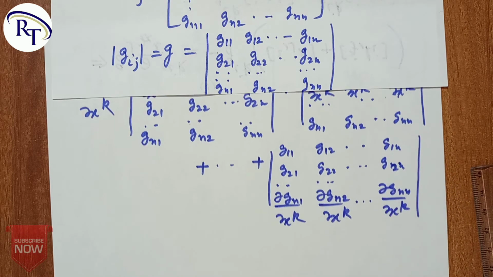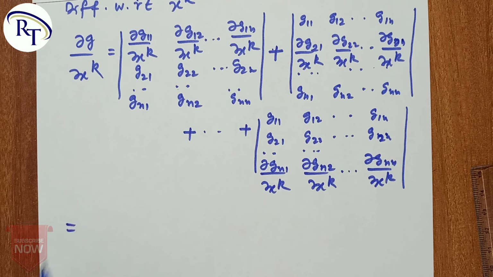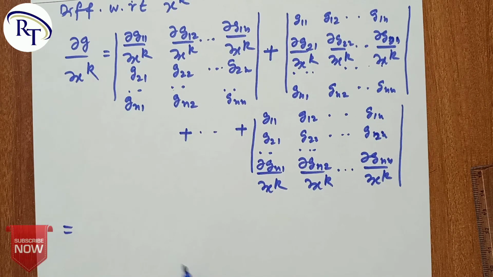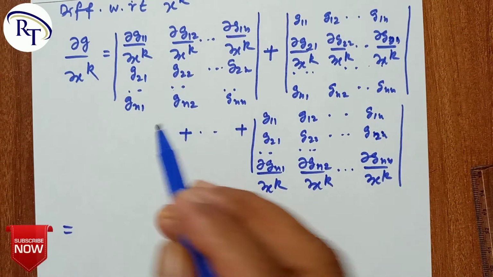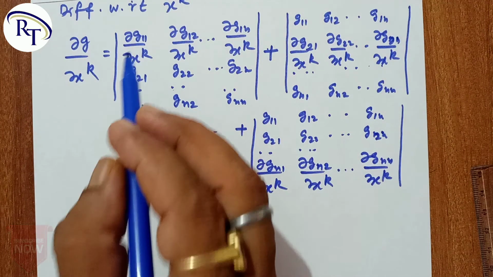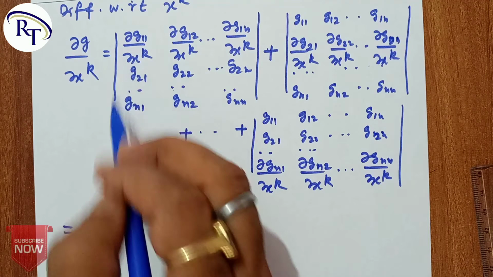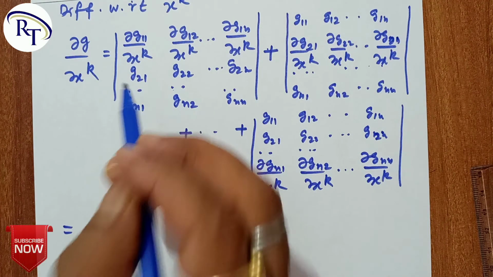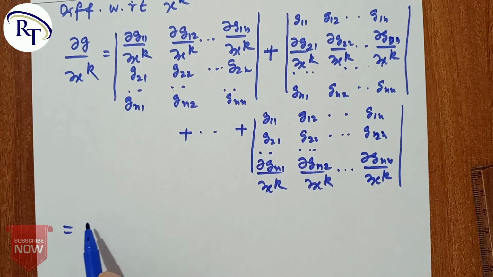Okay, so first we solve the first term, then the second term, and then the last term. So you see the first term, we calculate the determinant. How do we calculate the determinant?